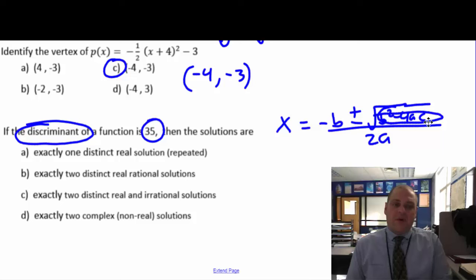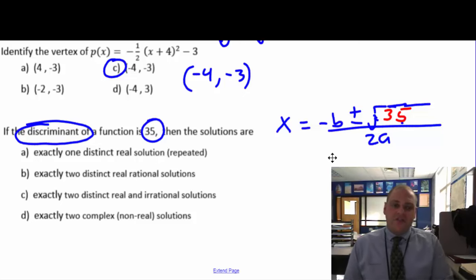That b squared minus 4ac part, that right there, that is 35. So I'm just going to erase that under there. And that b squared minus 4ac is really, in this problem, going to be a 35. That's what the discriminant is.